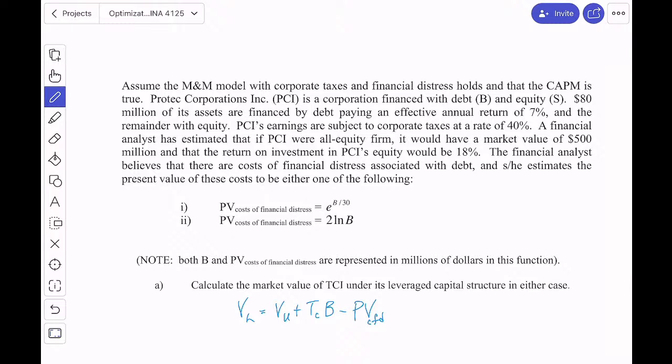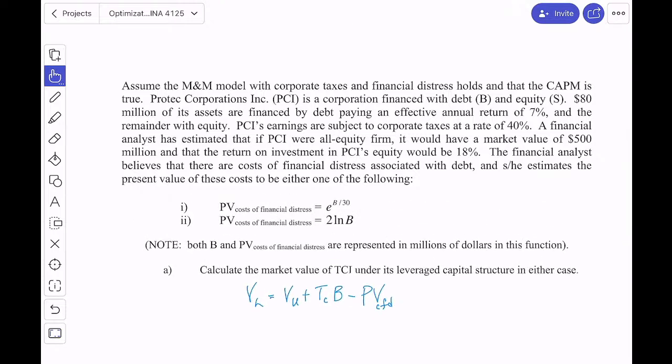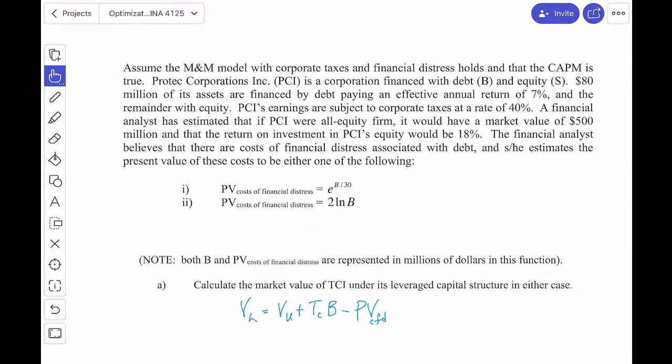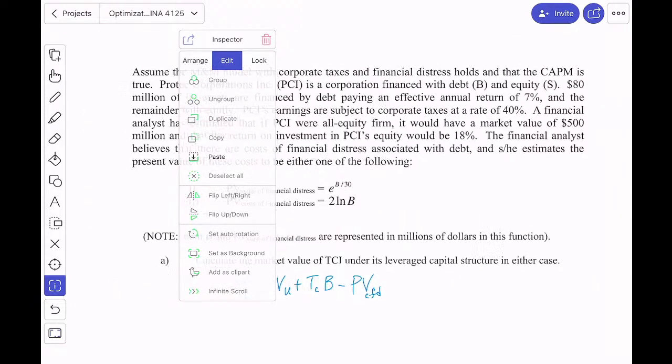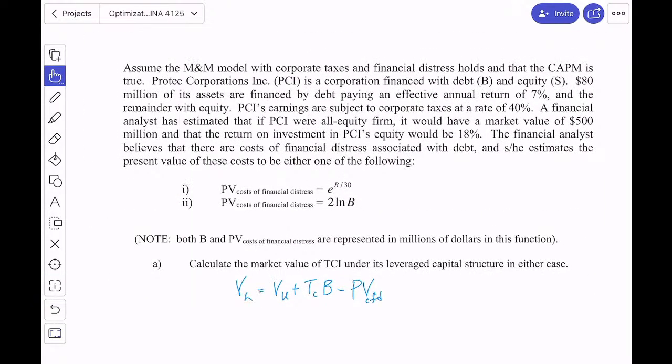And so, what do we have? We have information. I should join these. So we have information that the unlevered firm was estimated at a value of 500 million. And then I can put an M there to avoid confusion.